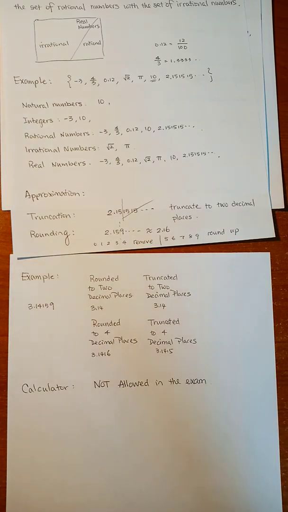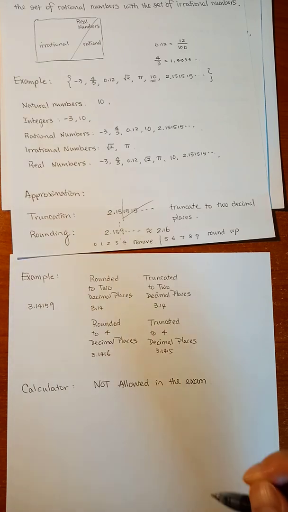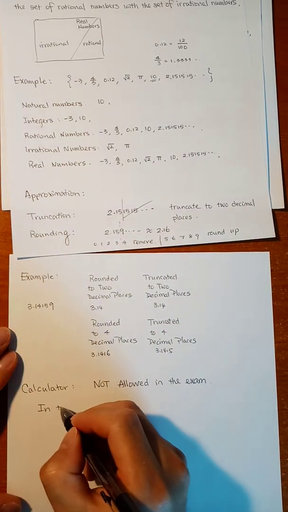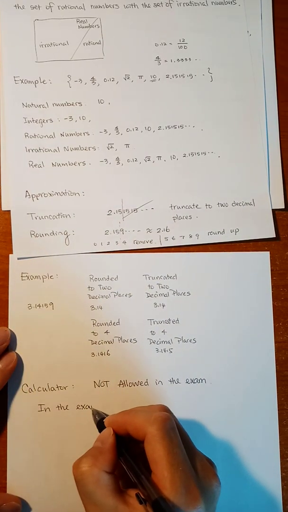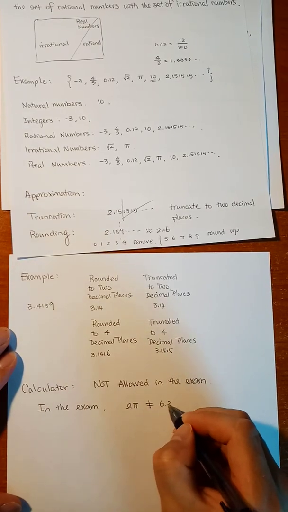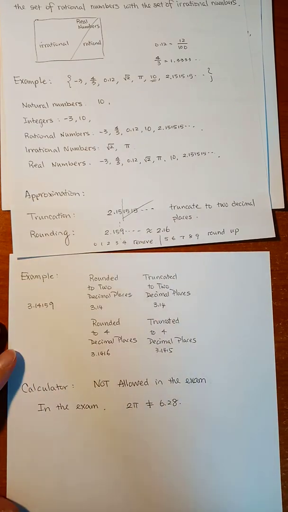Don't give me the approximation. If you want to write 2 pi, it's 2 pi. It's not 6.28. Okay? So in the exam, 2 pi is not equal to 6.28. Just be careful.